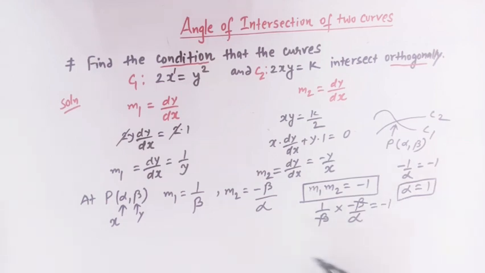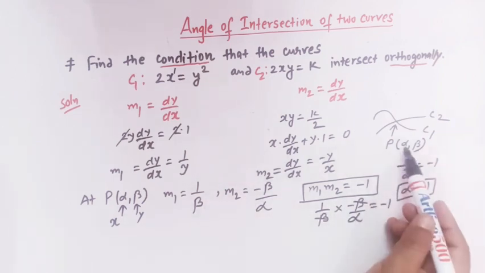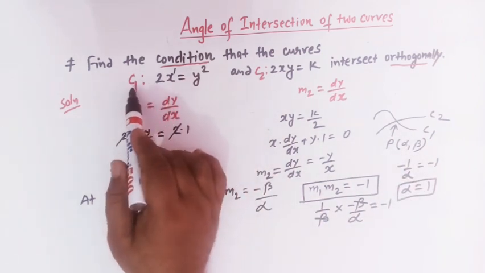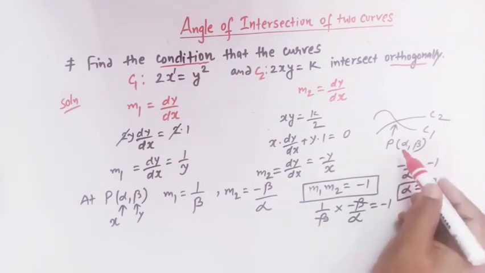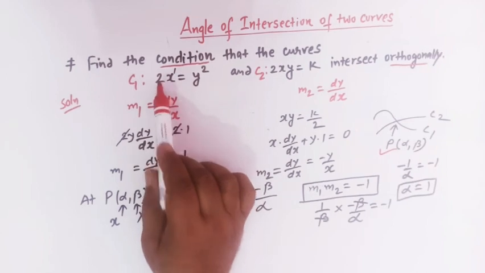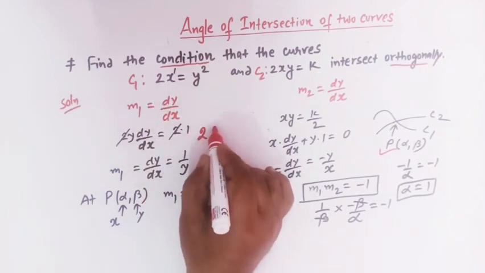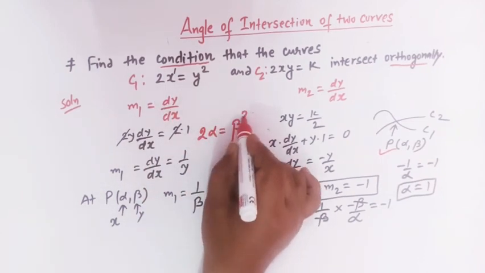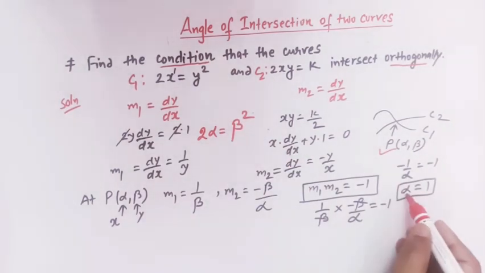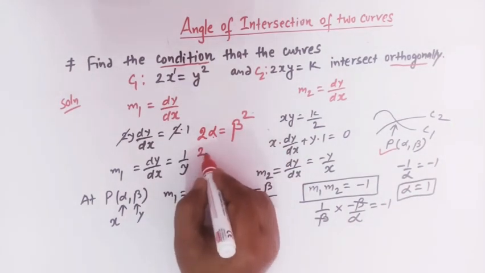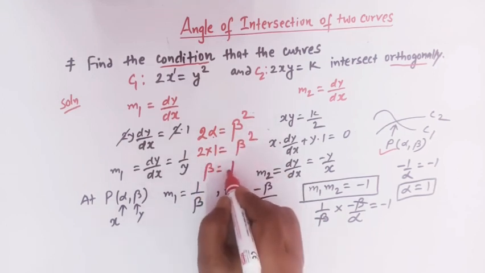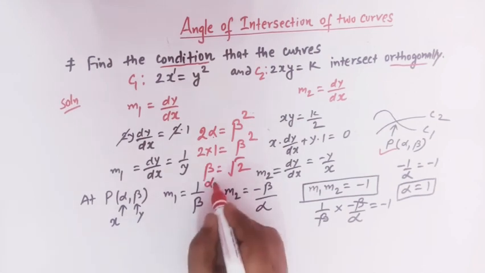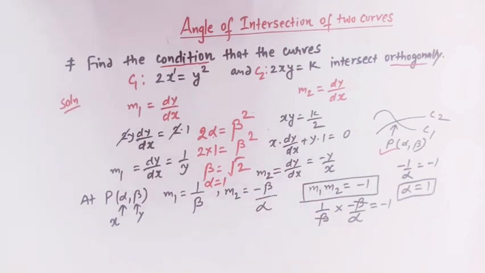Now we have to find the value of beta, and we know that this point P lies on the curves C1 and C2. So if we substitute this point in this equation, then we have 2 alpha is equal to beta square, right? So alpha is 1, so here we have 2 times 1 is equal to beta square. So beta is equal to square root of 2. So alpha is 1 and beta is square root of 2.